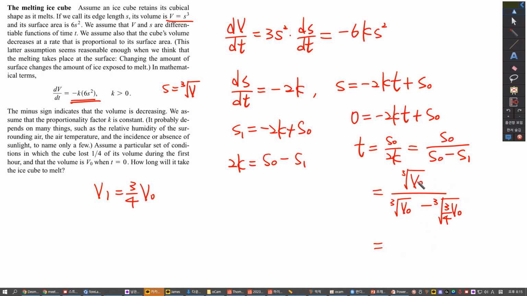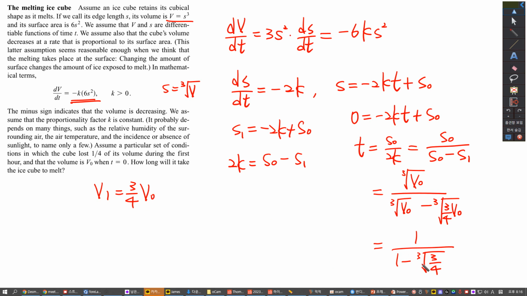So that means we can divide both the numerator and denominator by this cube root of V0. So if we calculate this, that will give us the time for the cube to melt completely.